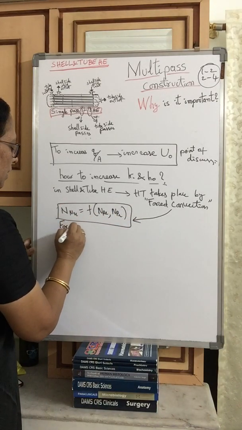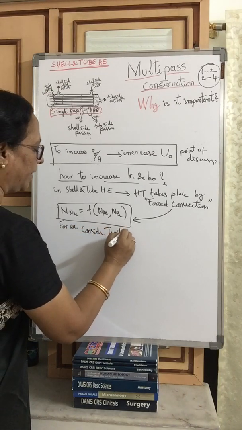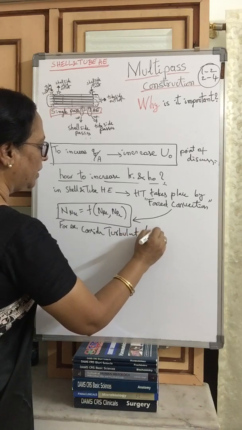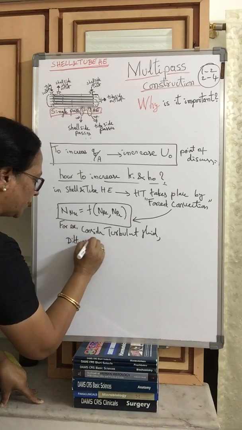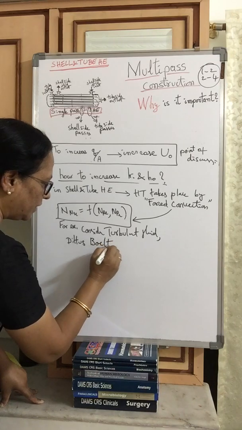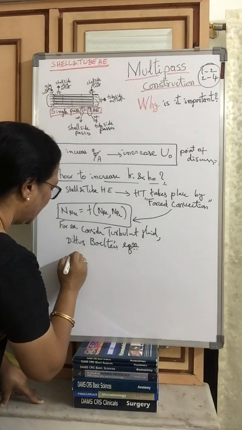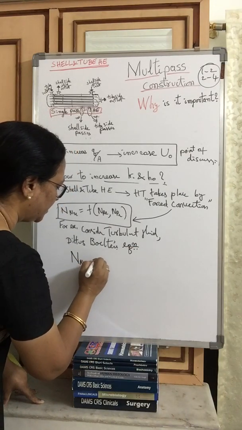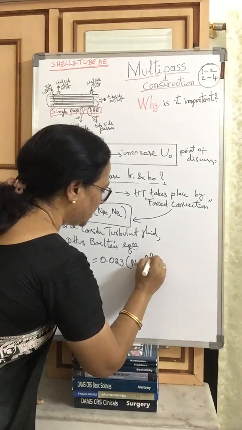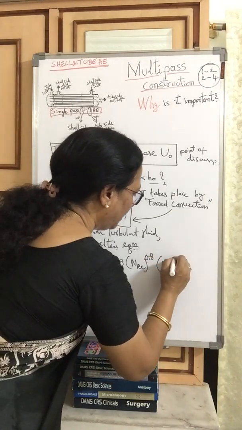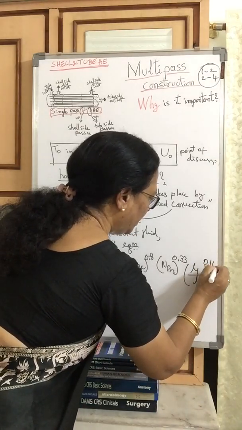For example, consider a turbulent fluid. Which equation do you use for a turbulent fluid? We use the Dittus-Boelter equation. There are many equations, Macadams equation and all that, but one equation we can take is the Dittus-Boelter equation. It can be written like this: Nu equals 0.023 Re to the power 0.8 Pr to the power 0.33 into mu by mu w to the power 0.14.